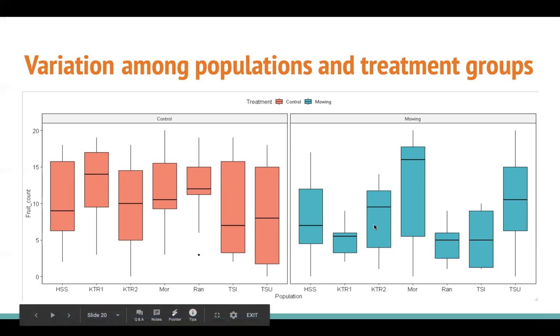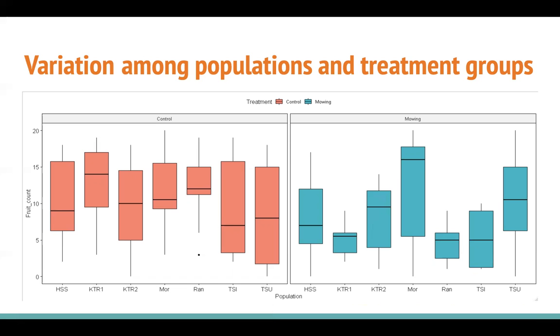The interquartile range remains about the same, but the distribution between the control and mowing box plots was altered. The median is approximately the same, but there is a slight shift downward for the interquartile range. We can expect from these results that there is an effect caused by the management strategy, and the management effect varies among populations.